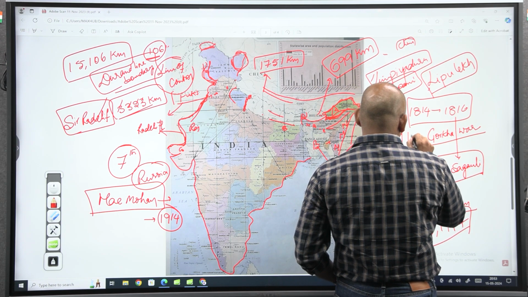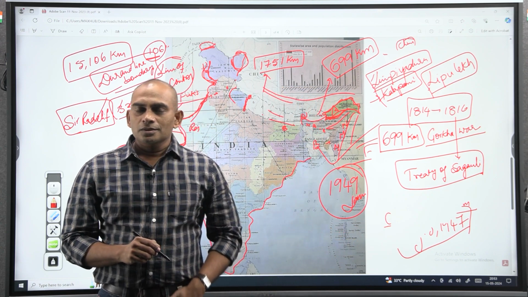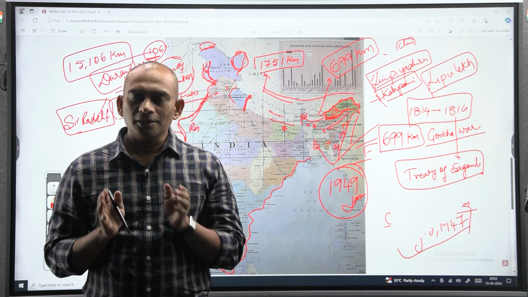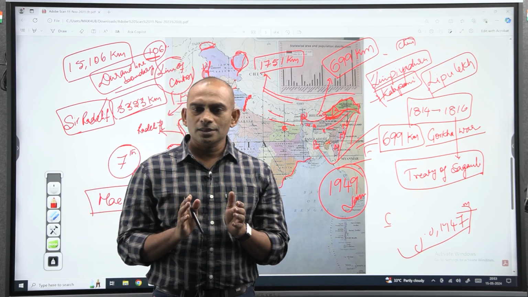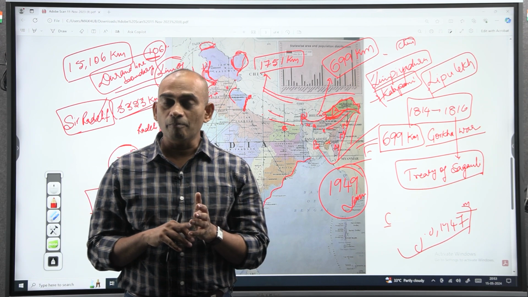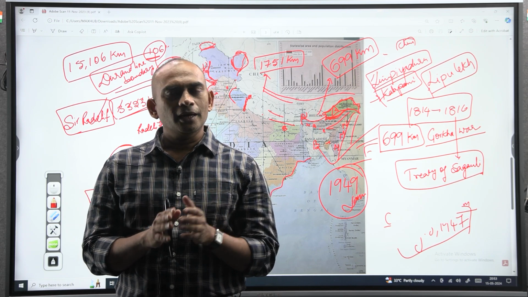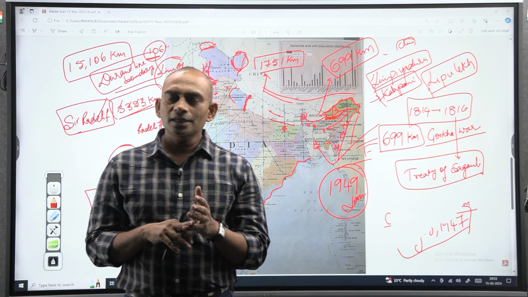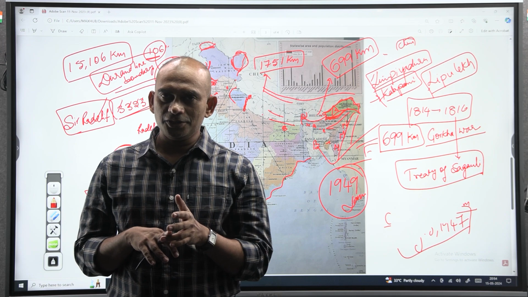699 kilometers with Bhutan. So this is another important thing, because India is providing Bhutan's maximum budget, and also India is taking care of the foreign affairs and defense related issues.